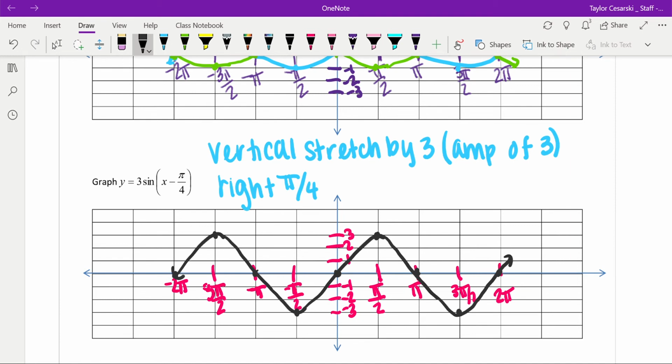So that takes care of the vertical stretch by 3, and then I have to move right pi over 4. Now, you notice that's not on your graph, but 1/4 is half of 1/2. So I'm basically going to move it right halfway in between each of my tick marks. So it's going to end up something like this.